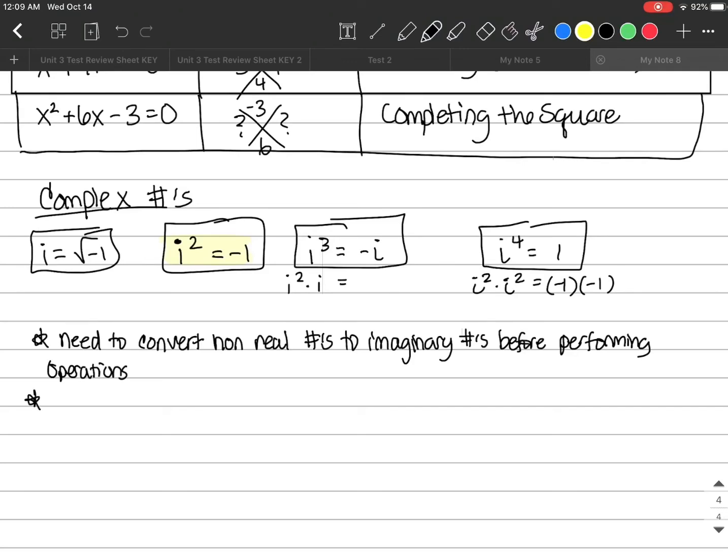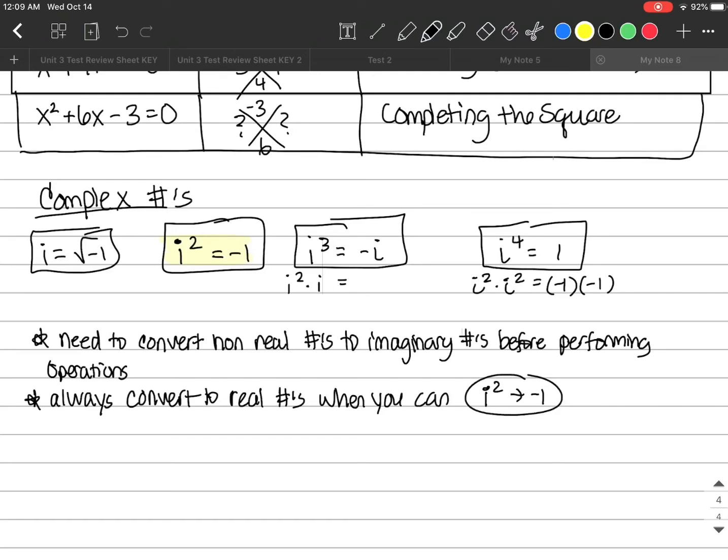Okay. You always convert to real numbers when you can, which means if you see i squared, always change it to -1.